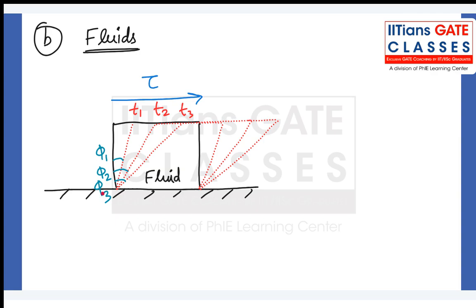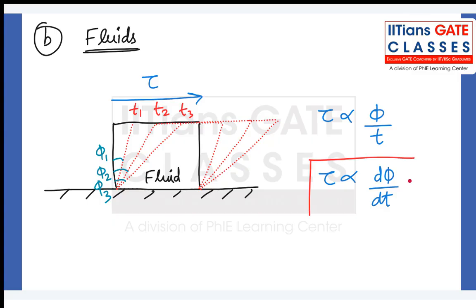So you can see that in this case, my shear stress is proportional to the rate of shear strain, phi by t. Or in differential terms, I can say tau proportional to d phi by dt.